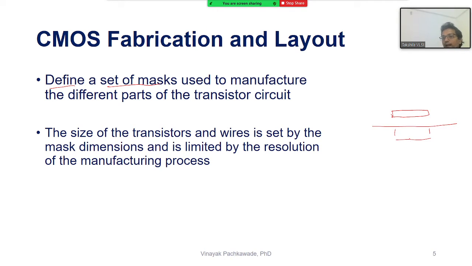That region could be N diffusion, P diffusion, N well, P well, contacts, metals, polysilicon, gates, etc. All these words, I believe, are now familiar to you, because they are going to be used to manufacture the different parts of our transistorized circuit.